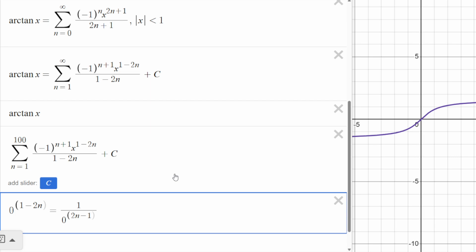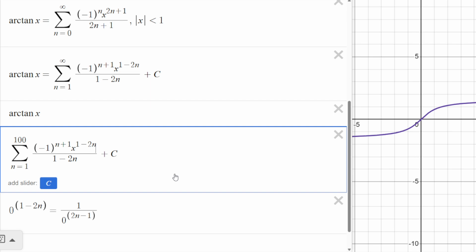Well, where does our n start? If we plug in x is equal to 0, okay, now we have a problem, because for any value of n, we're going to get 0 raised to a positive value in the denominator, so we're basically going to get infinity here.